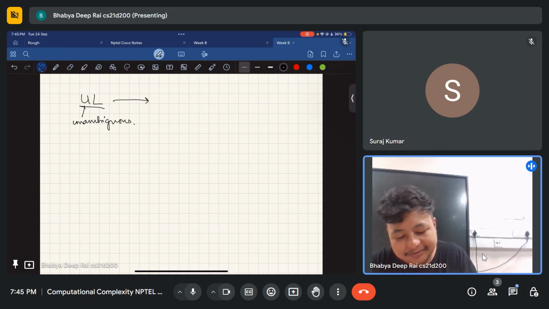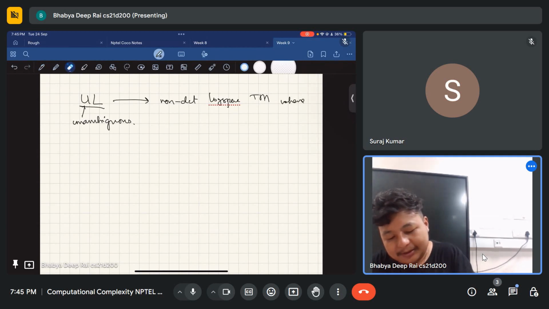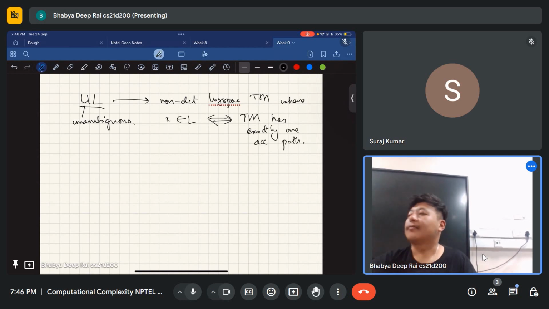So unambiguous log space is a non-deterministic log space Turing machine that accepts, where x is in L if and only if the Turing machine has exactly one accepting path.